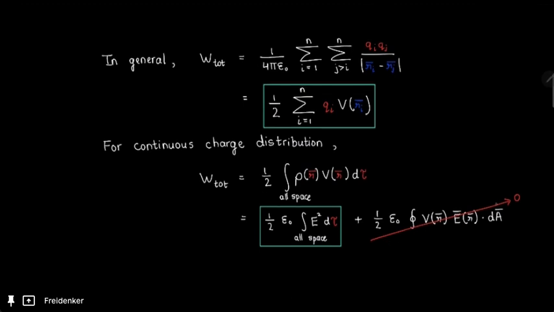Now, why is this becoming zero? The region of integration for this volume is all space, and this is a closed surface integral, which is nothing but the boundary of all space. All space is the entire space, and what we want to do is a surface integral across the boundary of all space.